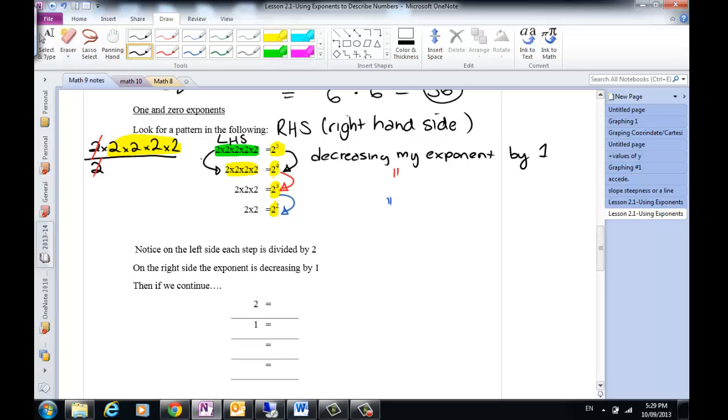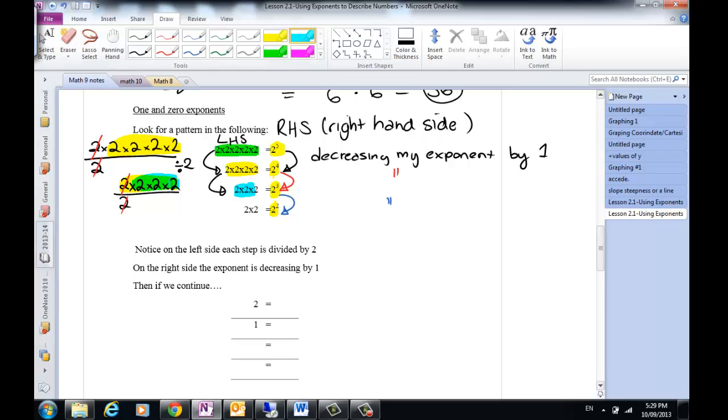So the important part here is that if I'm going from the green one to the yellow one on the left-hand side, I'm dividing by 2. And again, if I'm going from the yellow one to the blue one, to get from 2 multiplied by 2 multiplied by 2 multiplied by 2, which is the yellow one, if I divide by 2, notice how this simplifies here, and I'm left with the blue one.